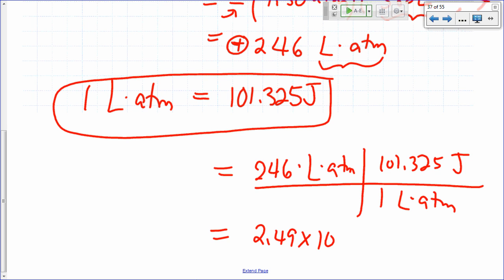Times 10 to the 4th joules. Okay. So you may be wondering, how did a pressure unit and a volume unit end up being an energy unit?